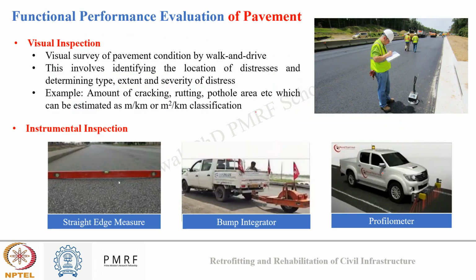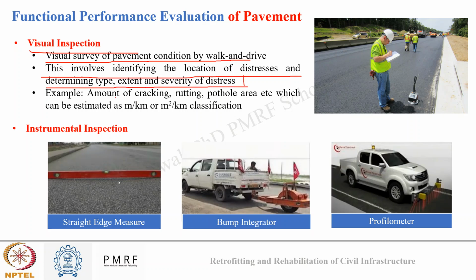now, for evaluating functional performance of the pavement, there are two ways, either by using visual inspection. Okay, so in visual inspection, there is a visual survey of the pavement that is done in a walk and drive manner. Okay, this involves the identification of location of distresses and determining type, extent, and severity of distress.